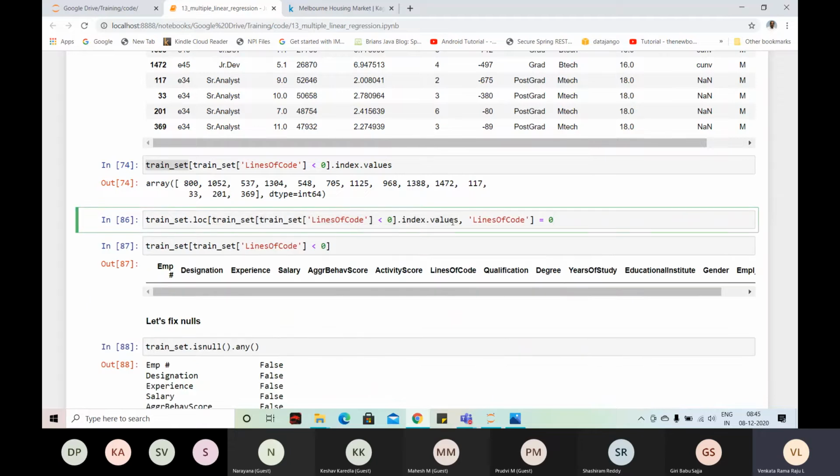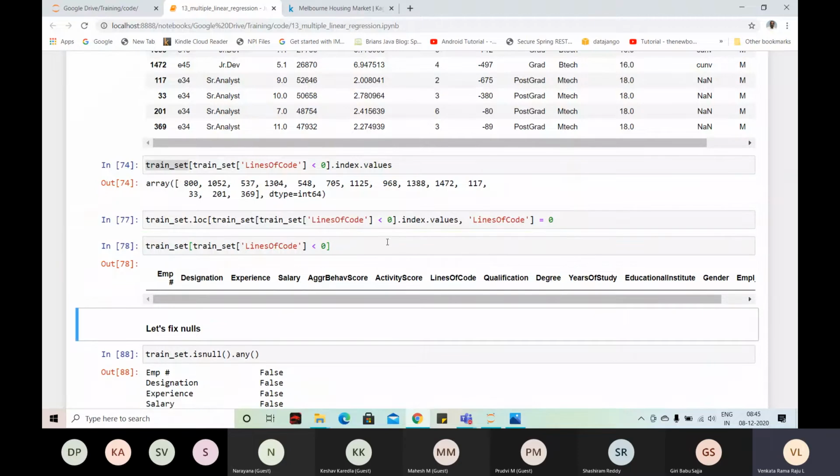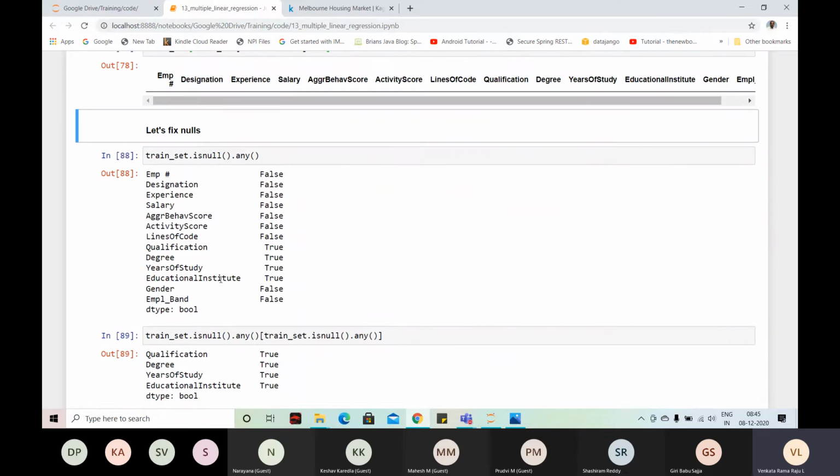I used to write code using row indexes and then a bracket here and a bracket here and update. It used to throw an error saying that you are trying to update a slice. So that is taken out. That's good. Now you need to use LOC and pass the row indexes and the column you want to update, so only those places get updated. And now if you filter, all those negative values are gone.